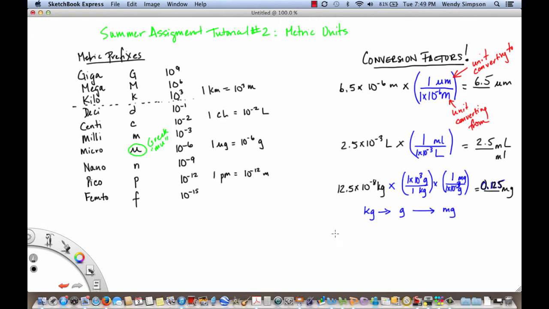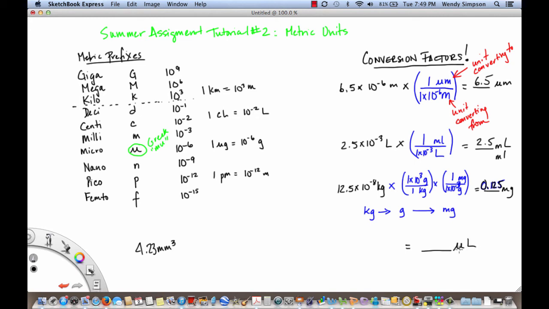But let's do another, just for some fun. And this one's going to be a little trickier. We're going to put it across here because I want to leave myself a lot of room. And what I want to do here is convert 4.23 millimeters cubed into microliters.